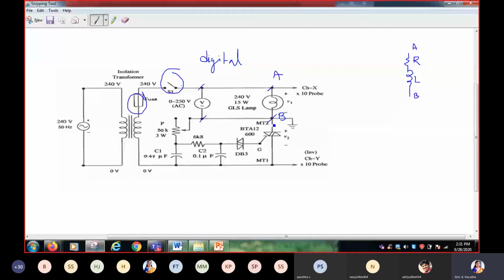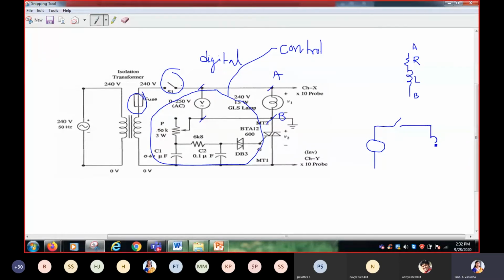Next we have the triac. Then the control circuit. This is the control circuit, and the remaining part is the actual circuit. When you redraw the remaining part of the circuit, here we have the AC supply and a switch.